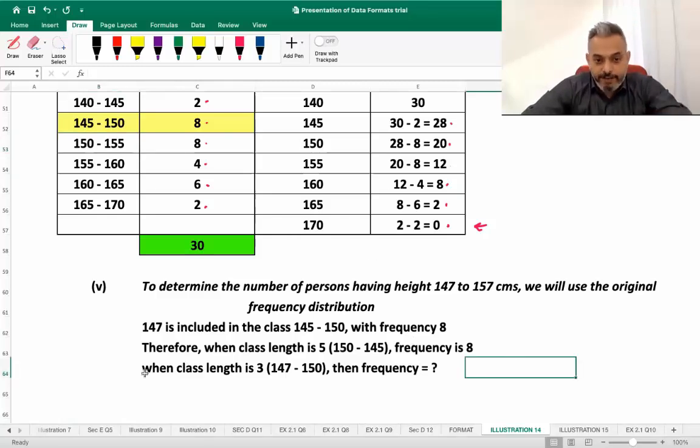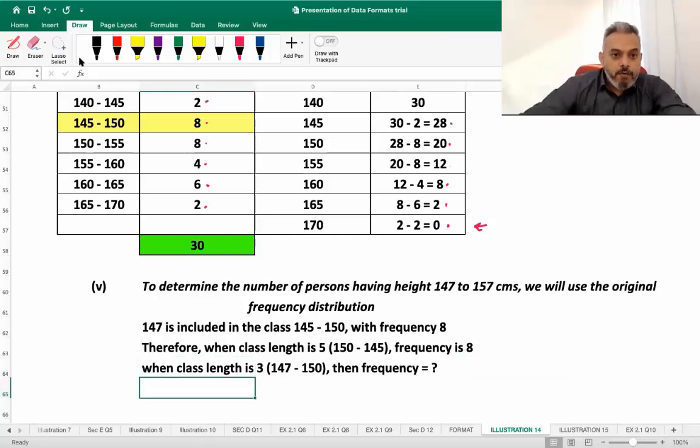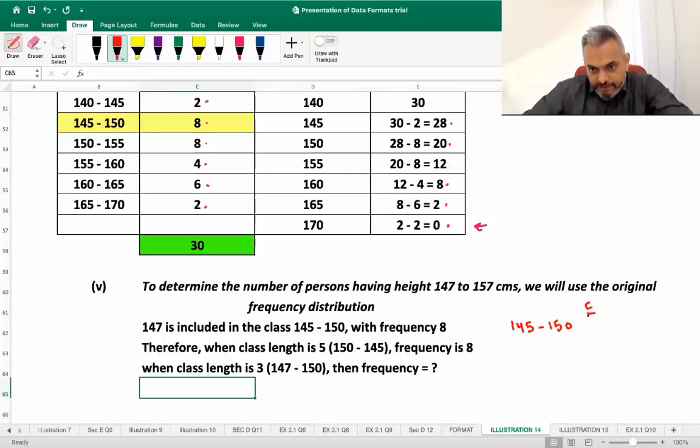Now, pay attention please. Over here, when your class is 145 to 150, I'm just writing over here for you to understand. Class length is 5 and frequency is 8. Now we want from 147 to 157. So we break this class, and 147 to 150. Now the class length is 3.